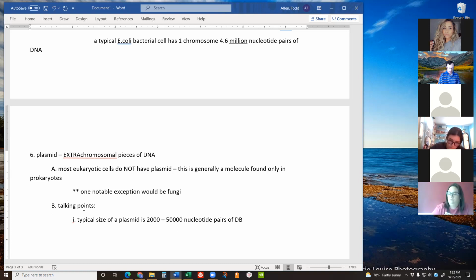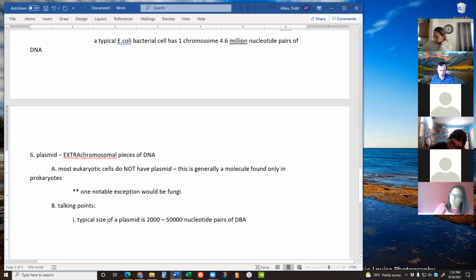The human genome has billions of nucleotides of DNA. The E. coli chromosome has millions of nucleotides of DNA. And an E. coli plasmid is going to have a few thousands of nucleotide pairs of DNA.